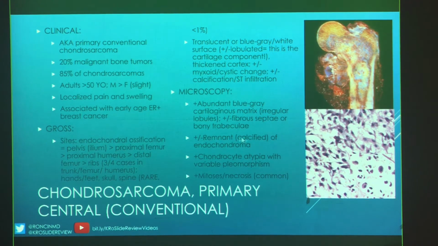So you may see a little remnant of that, and if you do, it should be calcified. There will be chondrocyte atypia, which we definitely saw. Variable pleomorphism, yeah, we sure had a lot of that. You should have mitoses as well as necrosis. I didn't really appreciate that on our slide, but it also looked like it was reaming, so we might not have everything that's present within that lesion.